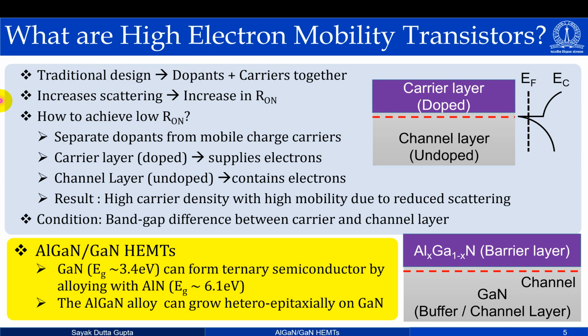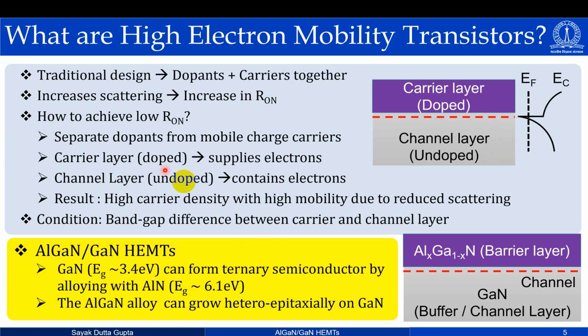That is what gives us the advantage of this heterojunction, where we have the carrier doped layer, which is wider band gap material, and then we have the undoped channel layer, which in our case was gallium arsenide. That results in electron density with very high mobility, because that will have reduced scattering. And the condition is that there should be a band gap difference between the two layers: a wider band gap and a narrower band gap material.